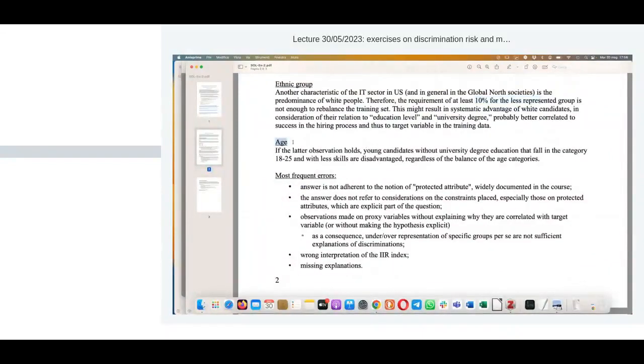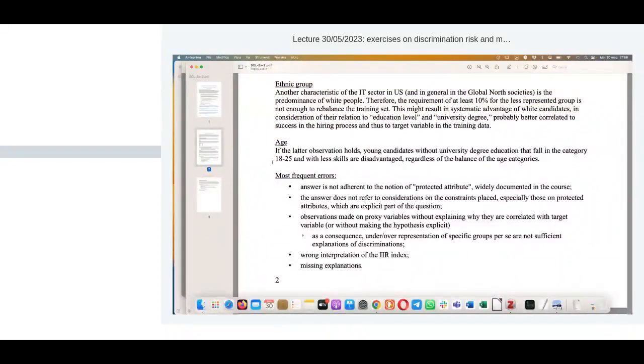Then the less obvious was age. I didn't count it as an error if people didn't indicate age. I accepted age also, because younger candidates have a lower education level.